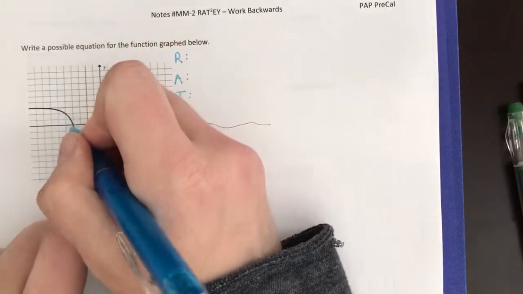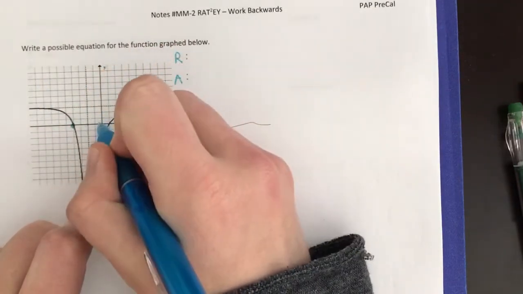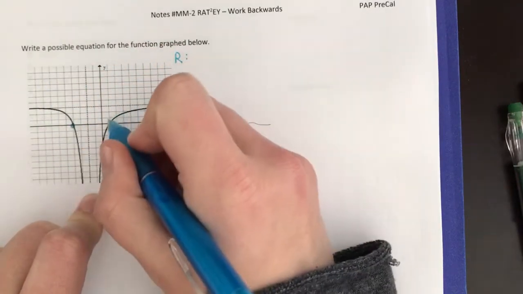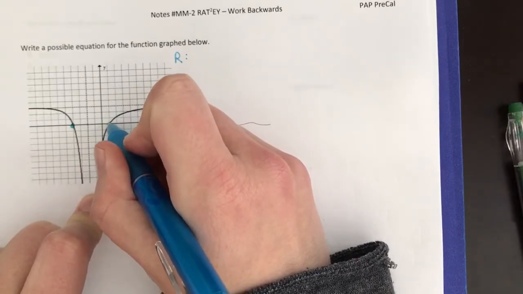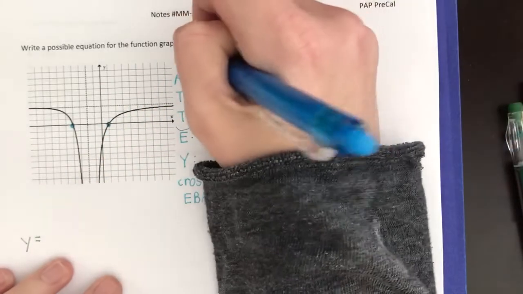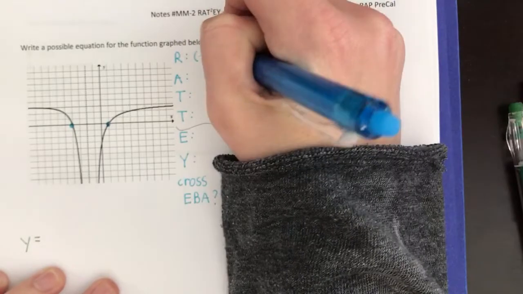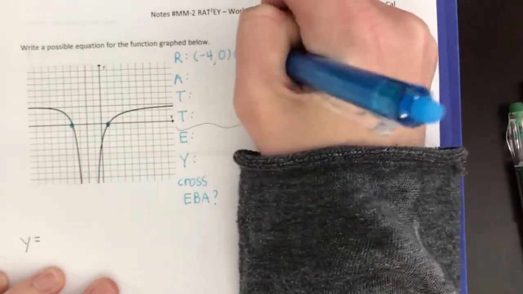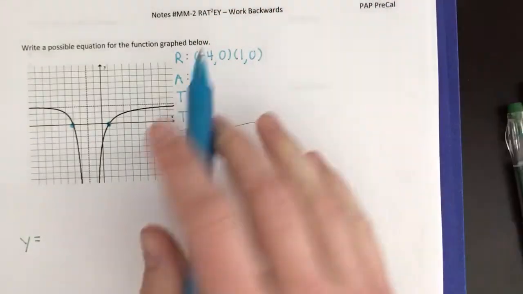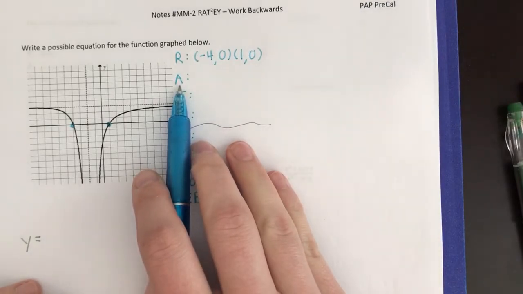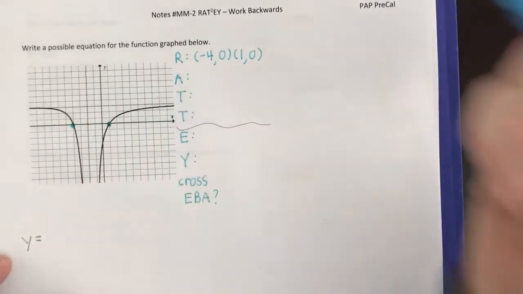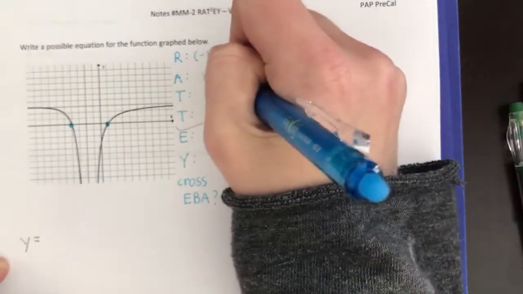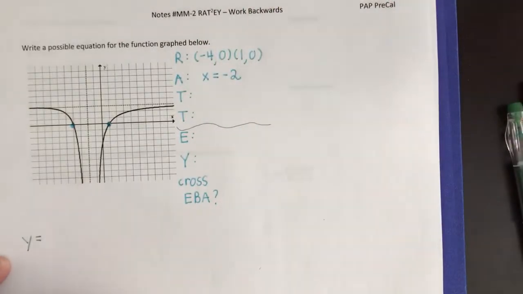Okay, so we have the roots at -4, 0 and +1, 0. And then A, asymptotes, VA more specifically. We have one at x equals -2.